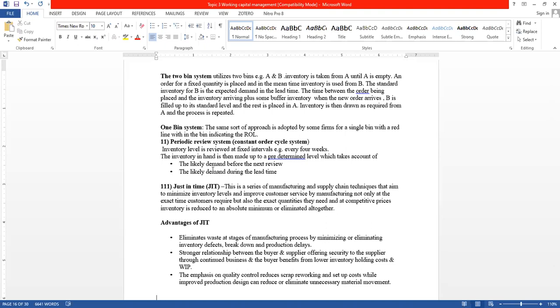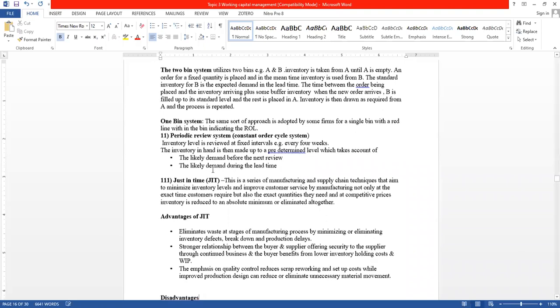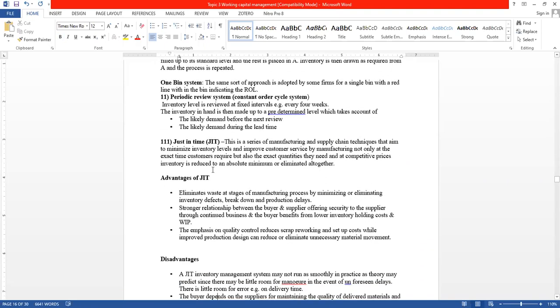Then the last one is just in time. And of course, with just in time, that means that you order the exact quantities of inventory, or rather materials that you require, okay? So if you are using just in time, it means that whatever you get, you use it, and whatever you produce, it is sold. So you do not have any stocks with you. If it is a manufacturing firm, it means that you will get the raw materials immediately they reach the premises, convert them into finished goods.